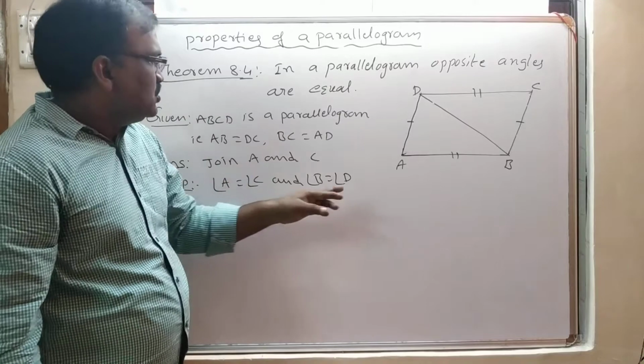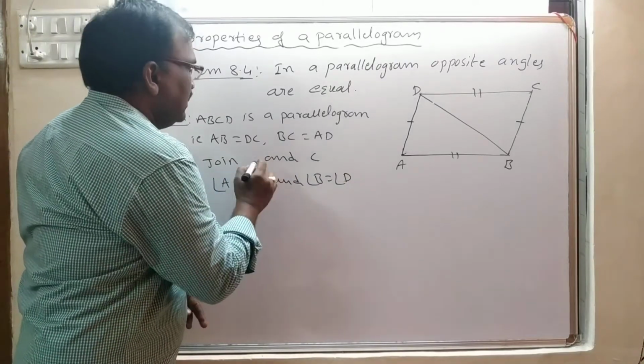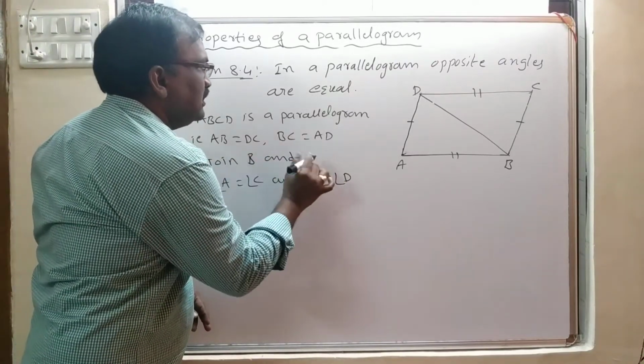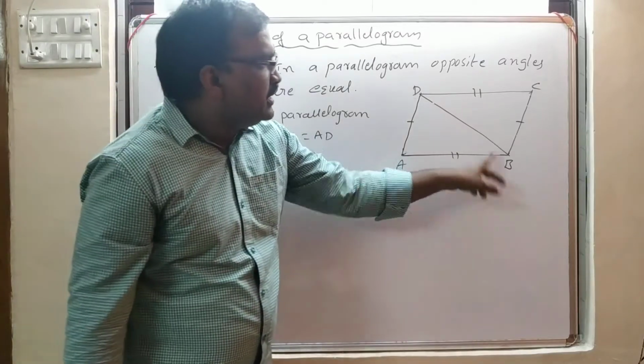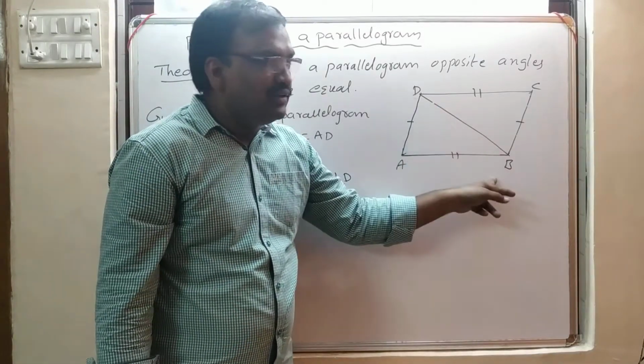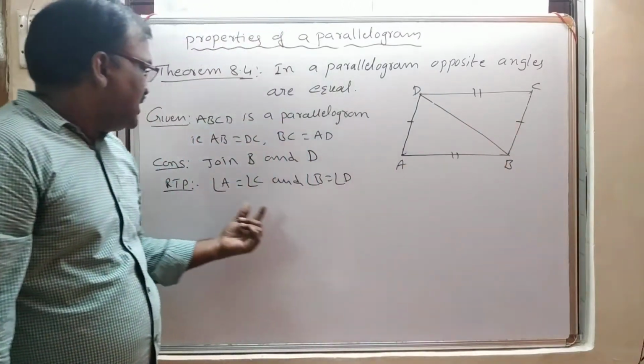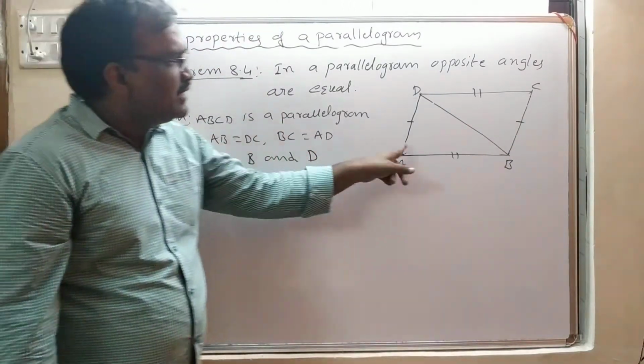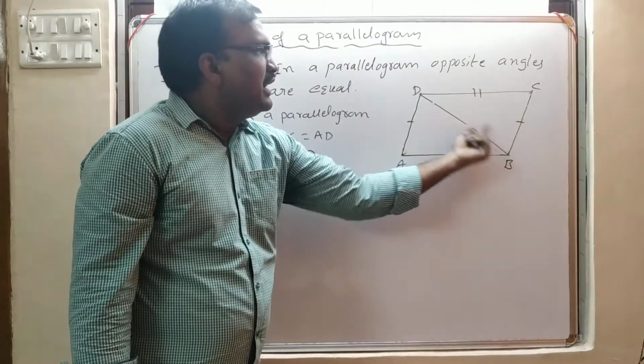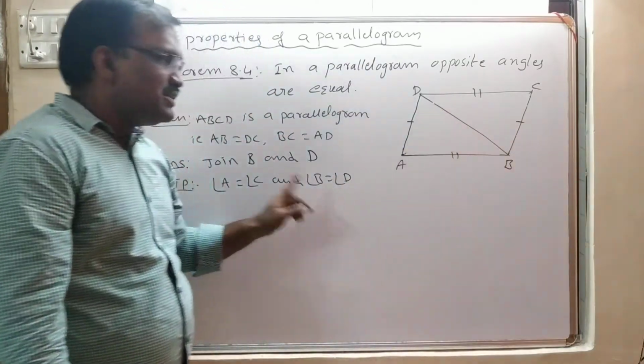And next, join B and D. Join these two points. This is a diagonal. It divides the parallelogram into two triangles. Next, what do you have to prove? Angle A is equal to angle C and angle B is equal to angle D. That is RTP.